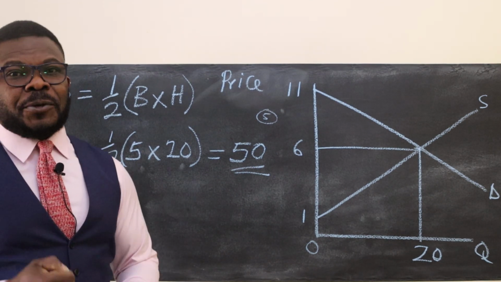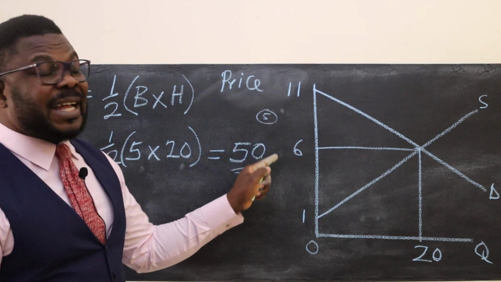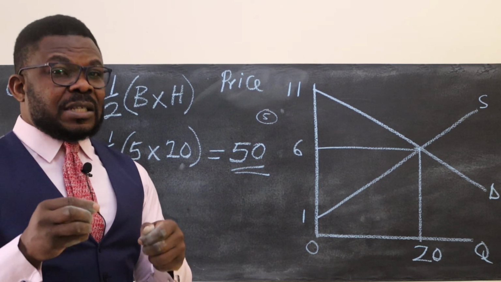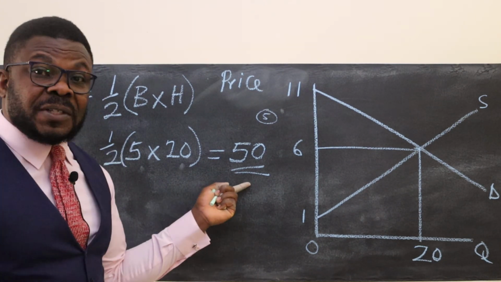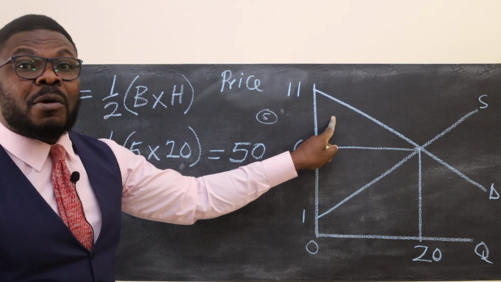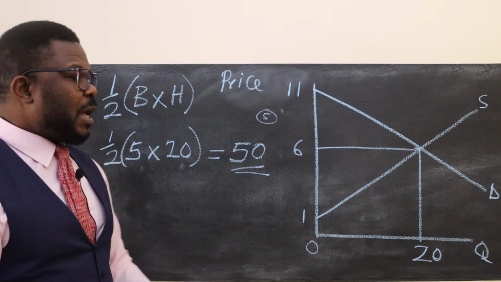Next is the producer surplus. If you pay attention to the graph, you probably notice that the producer surplus is likely to be the same number as 50. Why? Because the area of this triangle is almost the same as the area of this triangle. So let's work it out.